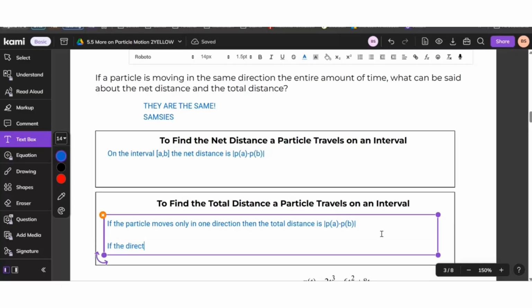And if the direction of motion changes, say at t equals c, on AB, then the total distance is the absolute value of P of A minus P of C plus the absolute value of P of C minus P of B, absolute value.